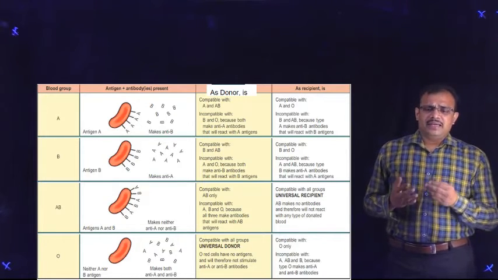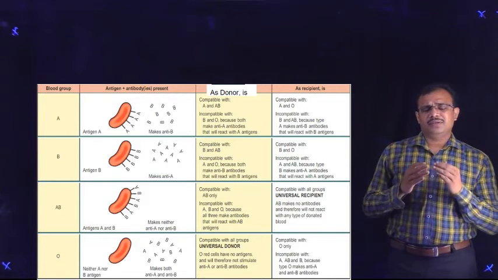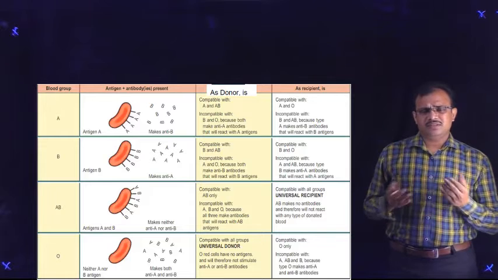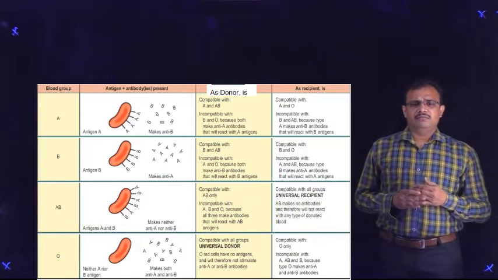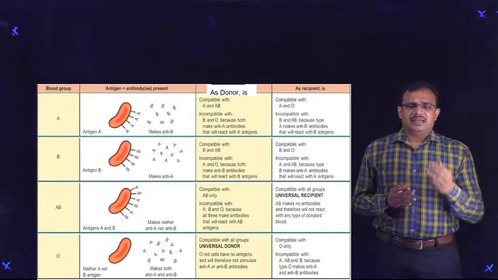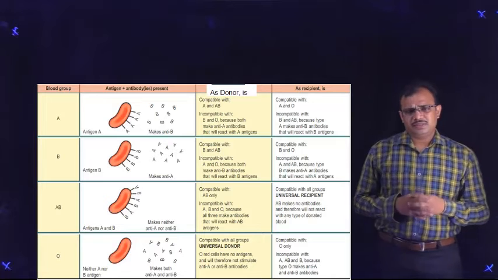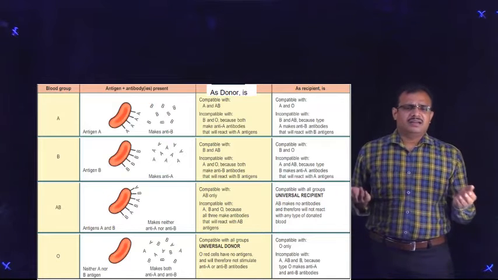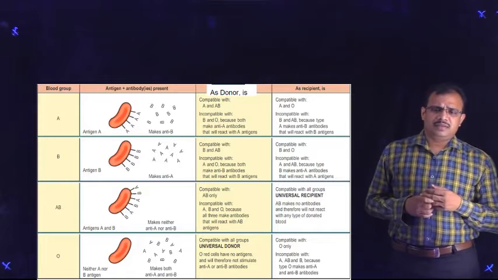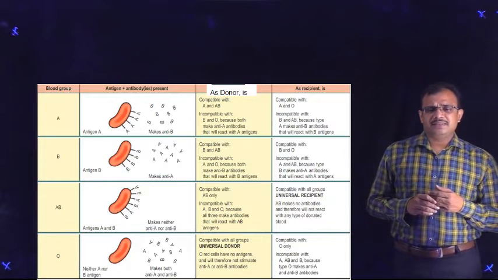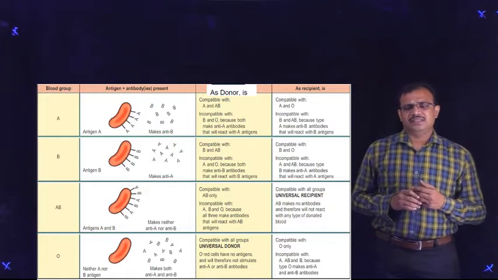They can donate blood to only AB, and they can receive blood from any group because they have all the antigens and no blood group will react with that, and hence these are called universal recipients.